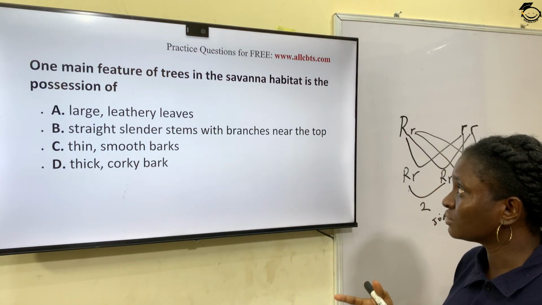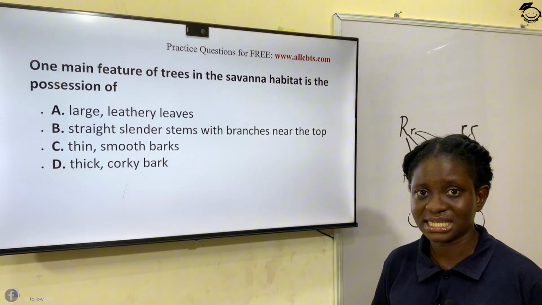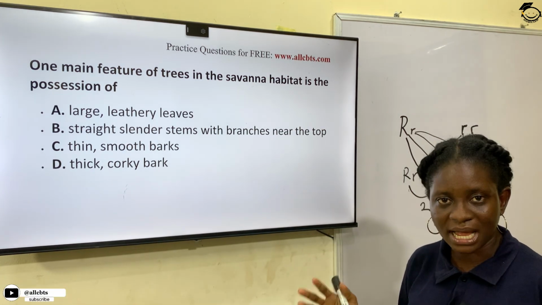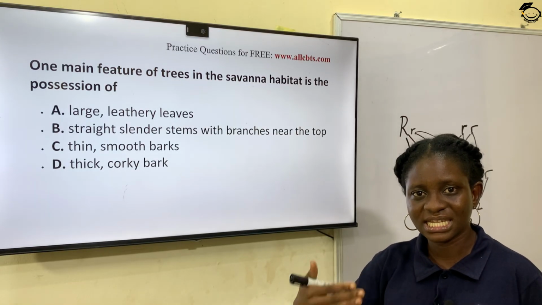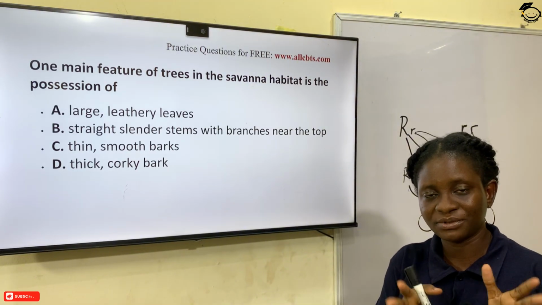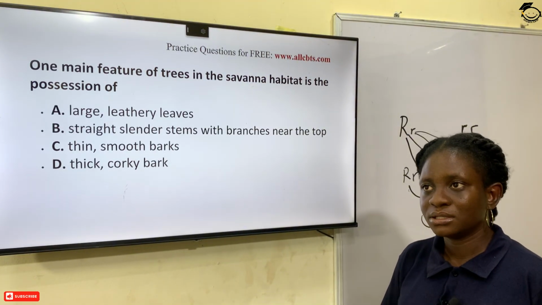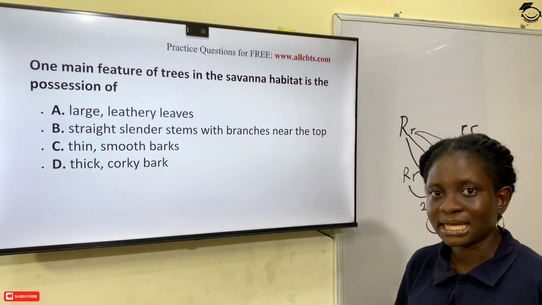So the feature of trees, just to be able to survive in that particular area, is that they have a thick bark and a corky bark. The meaning of corky is that they have different layers of bark, just to protect against loss of moisture for them to be able to survive in that hot area.